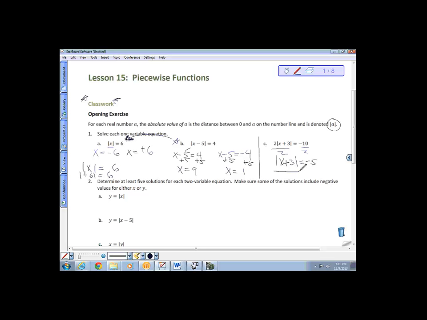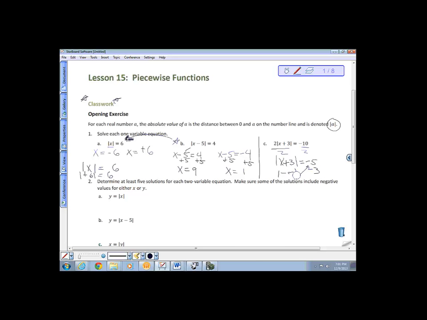How can we get an absolute value to be negative? Let's say you did happen to solve this. You subtract 3 from both sides, so I get x equals -8. If you plug that -8 into the equation, we in fact get the absolute value of -5. The absolute value of -5, however, is not -5.